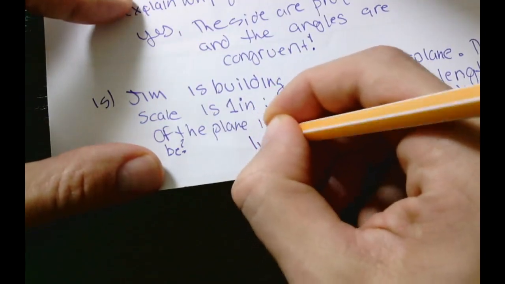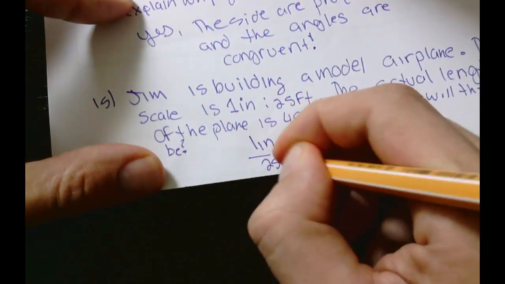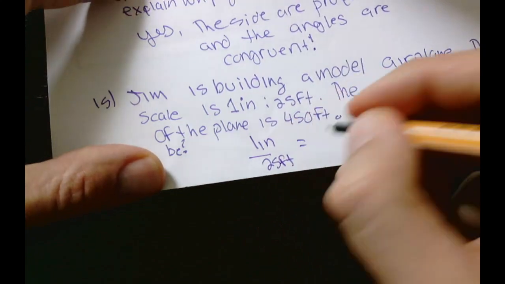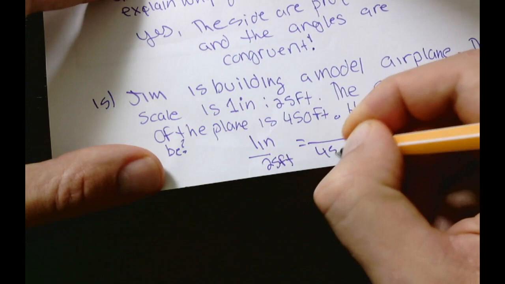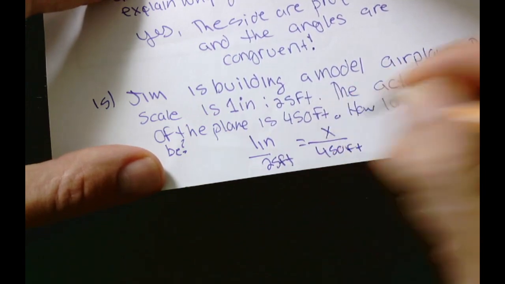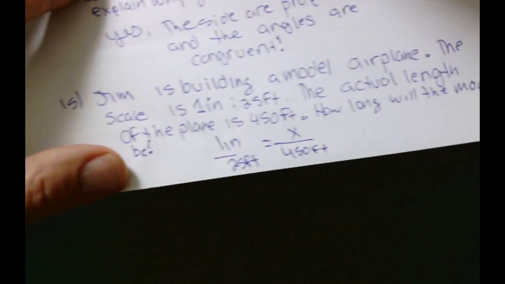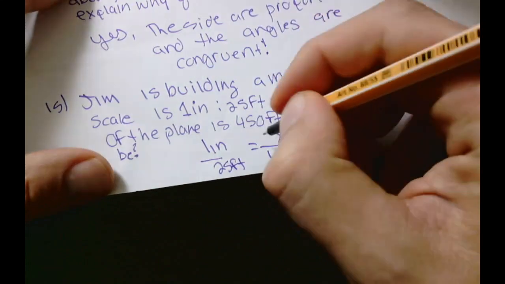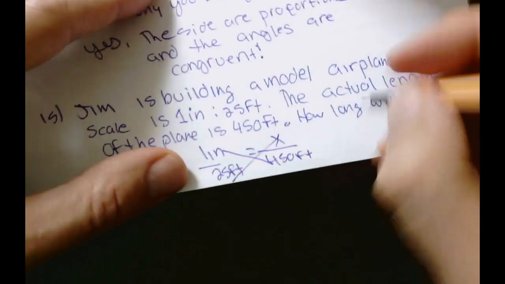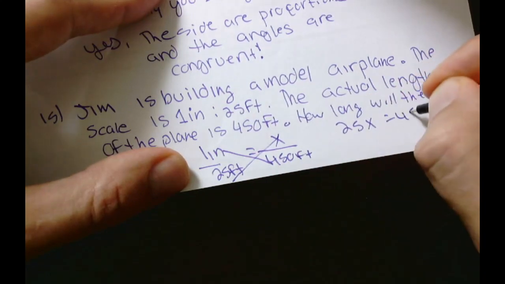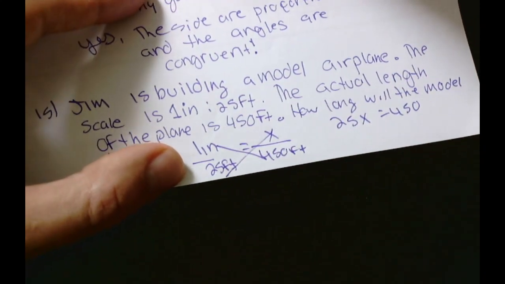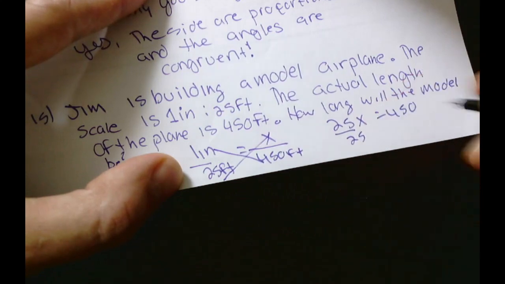Okay, so we're going to use a proportion. We have 1 inch over 25 feet is equal to, well, we got 450, so that's going to go on the bottom. We have x. Now we're going to cross multiply, and we get 25x is equal to 450. Now we can divide both sides by 25.